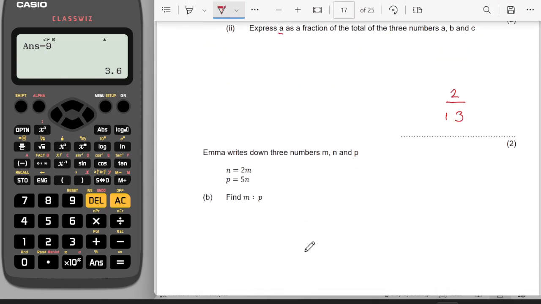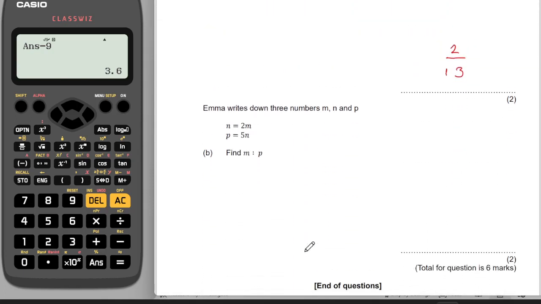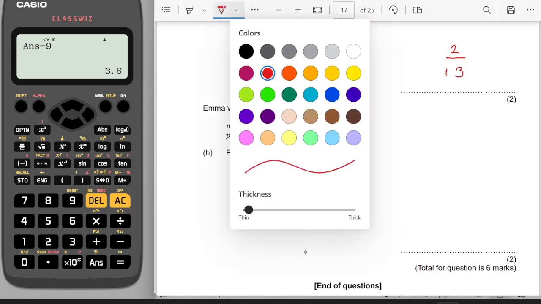Okay, and then final question. Emma writes down three numbers, M, N, and P. N is equal to 2M, P is equal to 5N. Find M to P. So I'm going to do this two ways just to double check my work and also show you two ways.